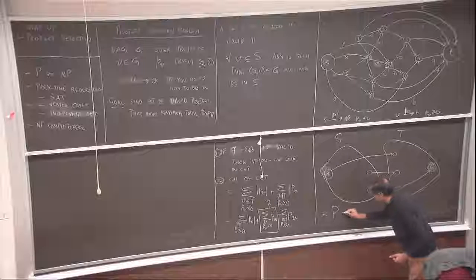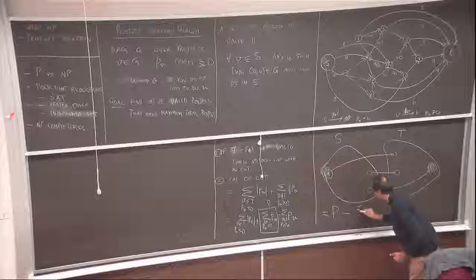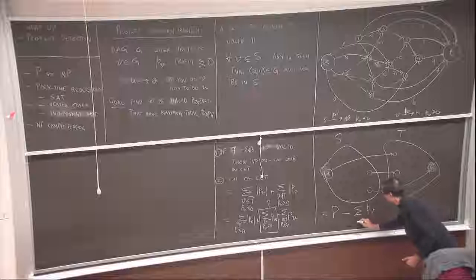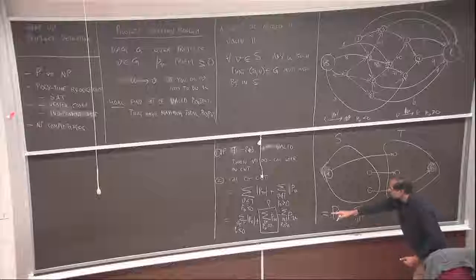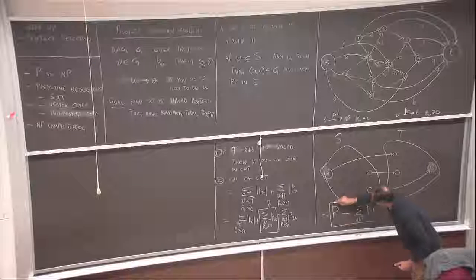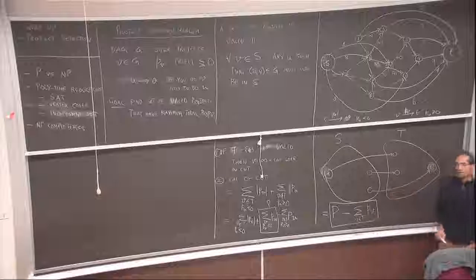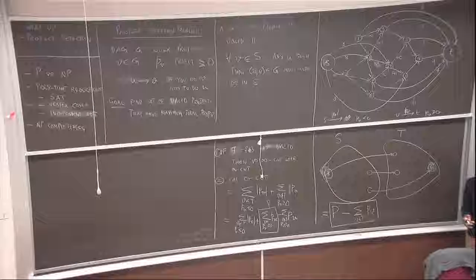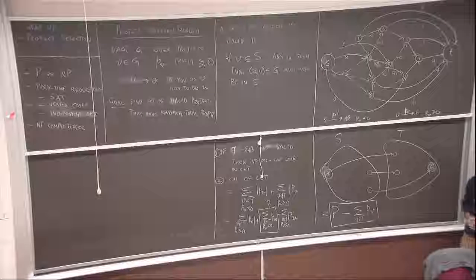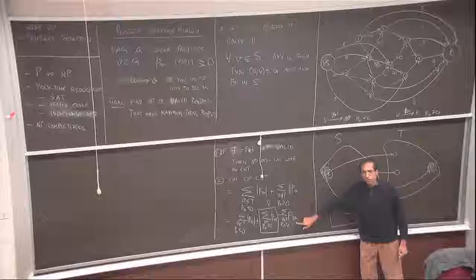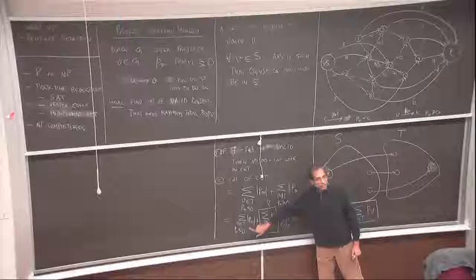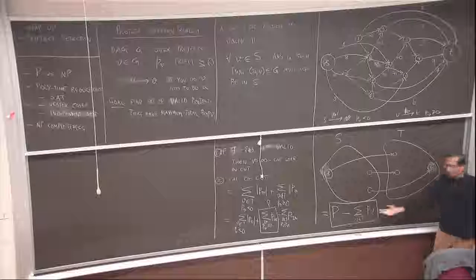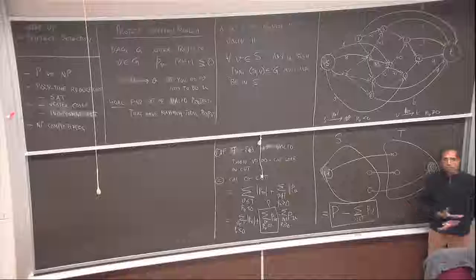So I'm going to write this whole thing as, and you should convince yourself that this is correct, this quantity is exactly the same as P minus just the sum of the profits in T. Why is that? Here we are subtracting the positive profits and adding the absolute value of the negative profits, which is exactly the same as just subtracting all the profits.